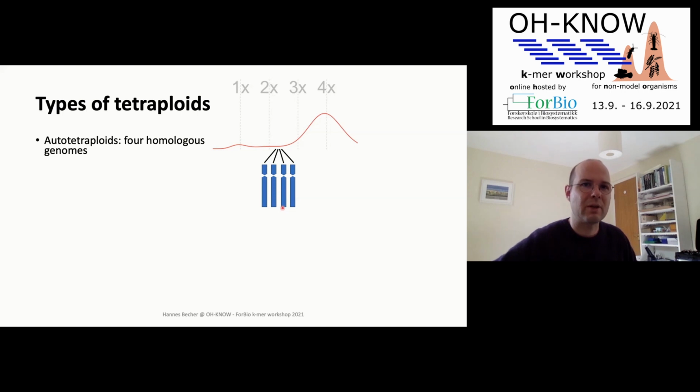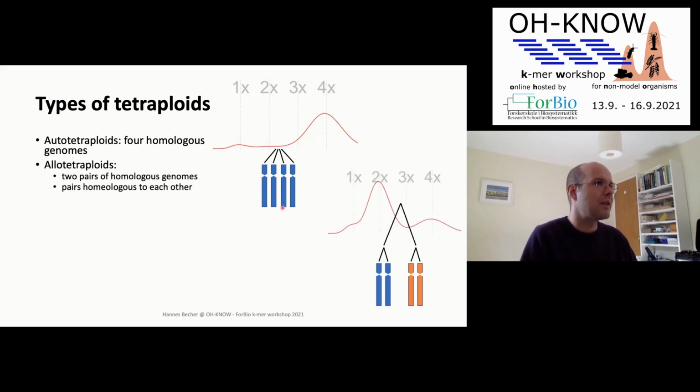If there is meiosis, you get crossing over, and any of these genomes can cross over and exchange information. Then you have the other type, allo-tetraploids, where you have 2 diverged pairs of genomes, and recombination happens more or less only within these pairs. Between the pairs, there's some old homology. These pairs are homologous to each other.